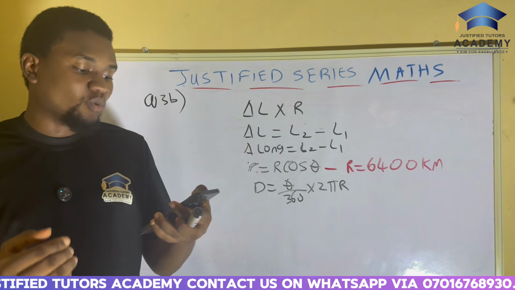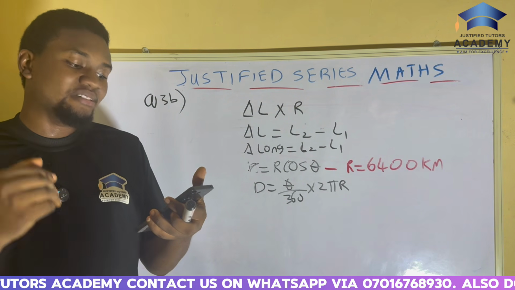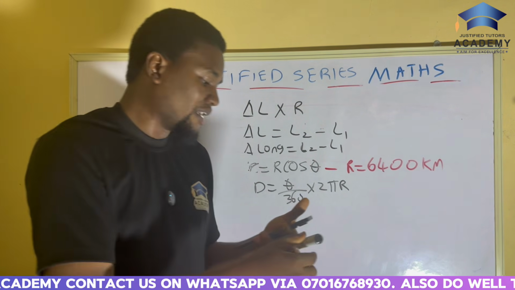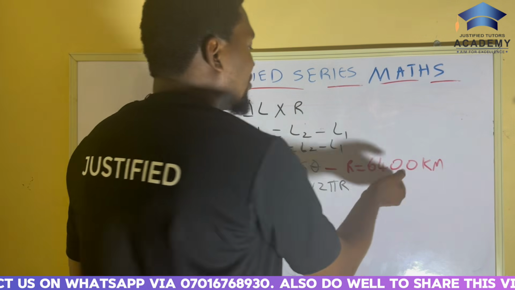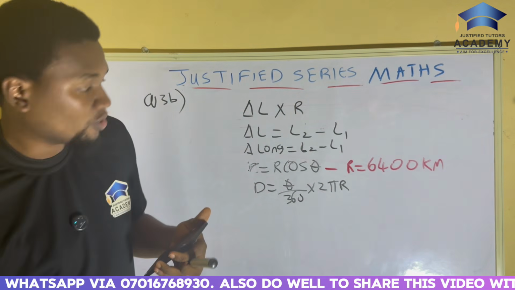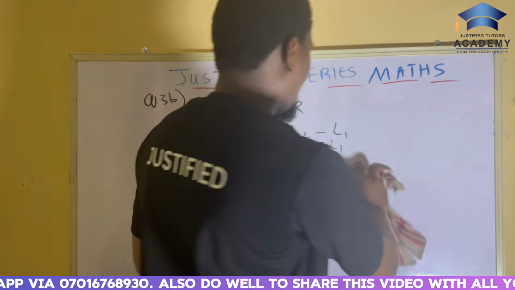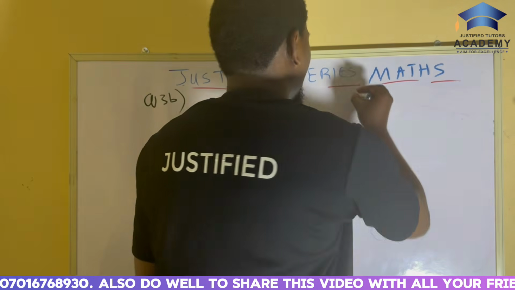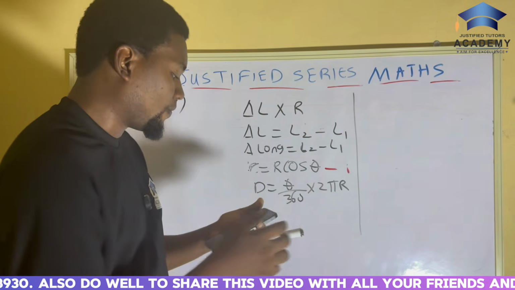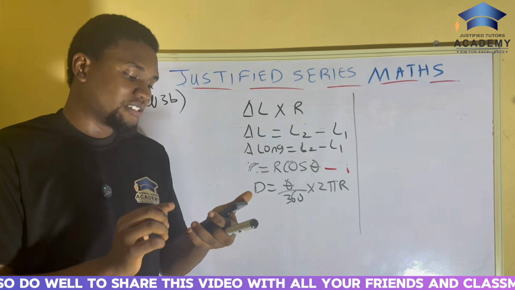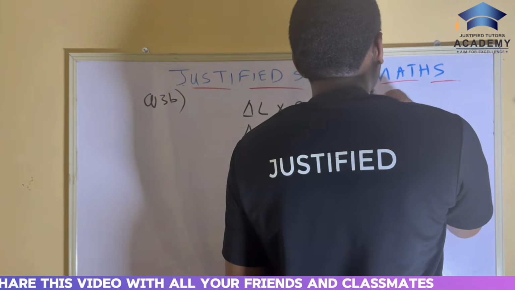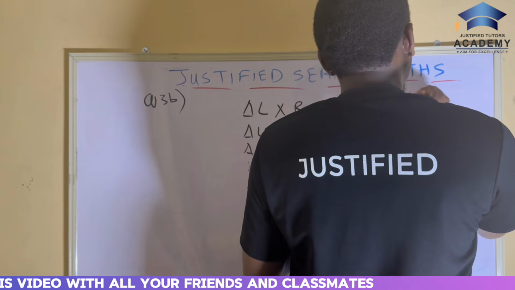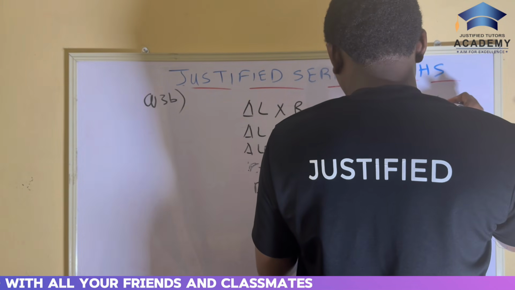Now, the next one is the distance in nautical miles. Let me rub this off because I'll be dividing the board. Now, the distance in nautical miles along a great circle is given as D equal to 60 times theta nautical miles.